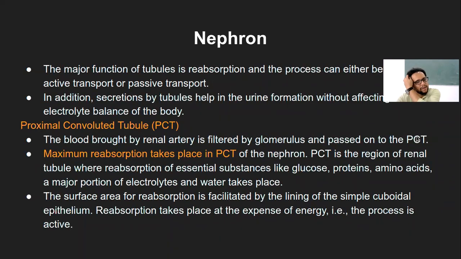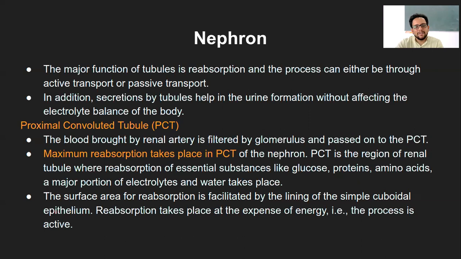Also, we had specifically looked at the functional aspect of the PCT, in which the maximum reabsorption takes place. And I had also explained why it is maximum reabsorption, because whatever has just filtered out from the glomerulus, what we call glomerular filtrate, coming out of the glomerulus, that is the capillary network, all of the nutrients as well as the maximum amount of water will be out from the glomerulus, and that will be entering into the proximal convoluted tubule.